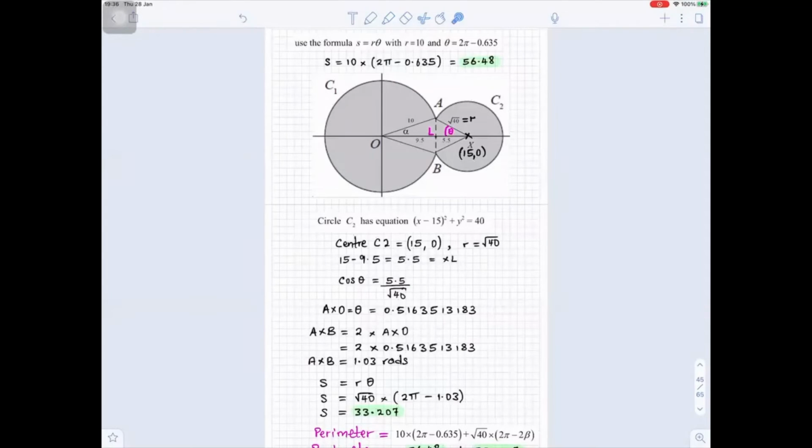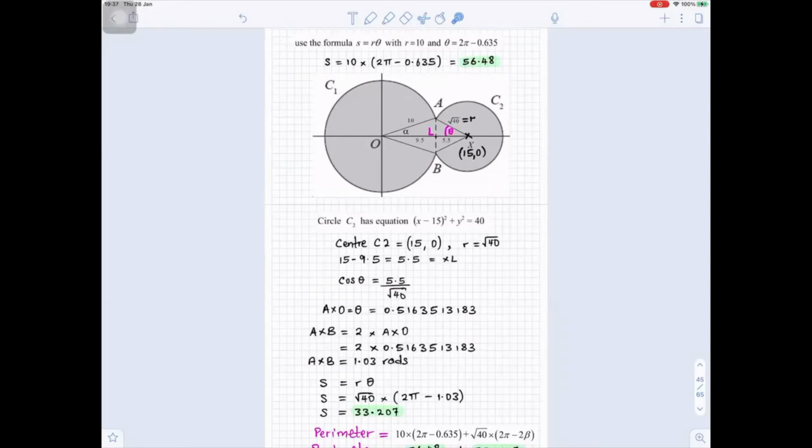Circle C2 has equation x minus 15 squared plus y squared equals 40. The center of C2 is (15, 0). The radius of C2 is square root of 40. So that's the radius of C2, square root of 40.